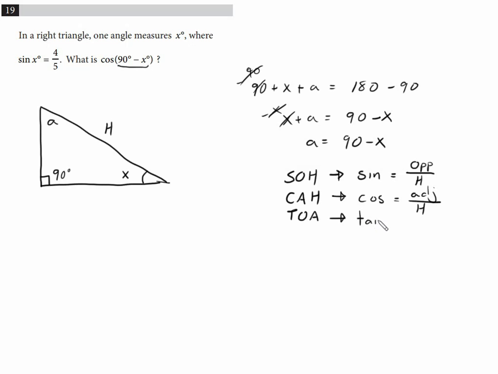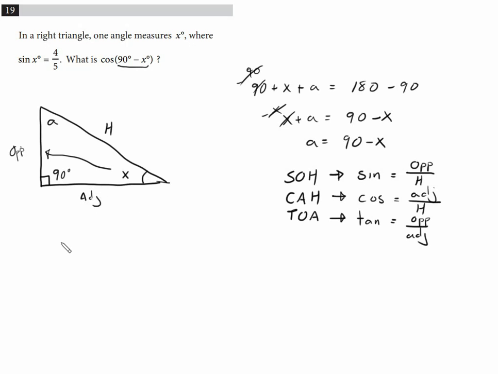And even though they don't ask in this question, tangent is opposite over adjacent. So what do I mean by that? When I take the angle x, this side is the opposite side, and the one that touches the angle, aside from the long side, which is the hypotenuse, is the adjacent.